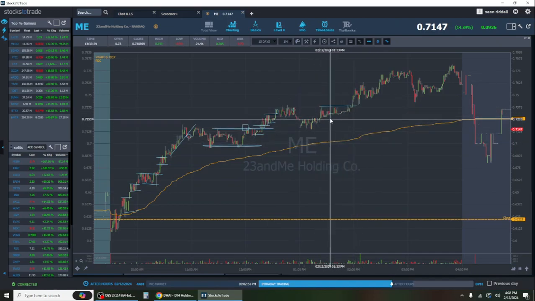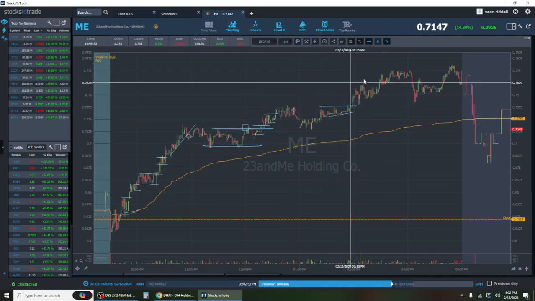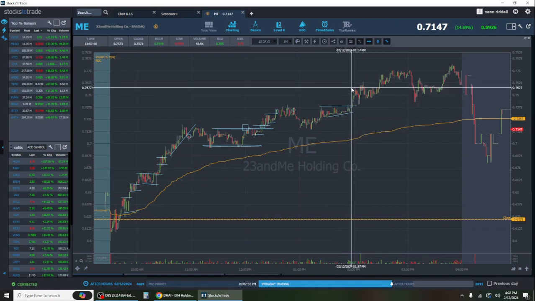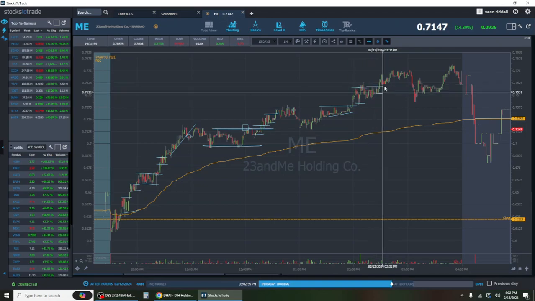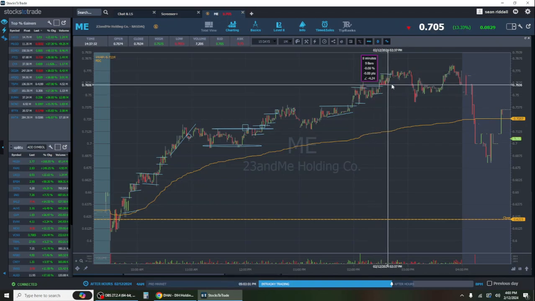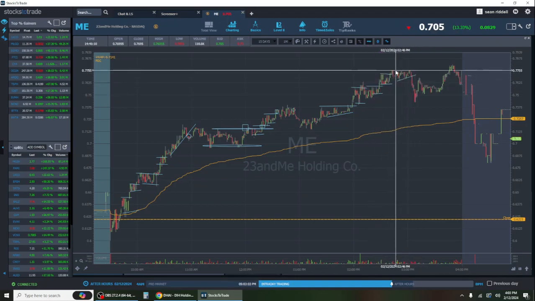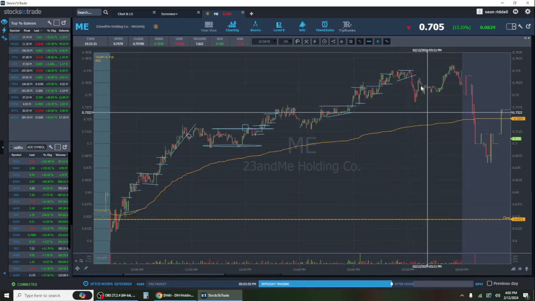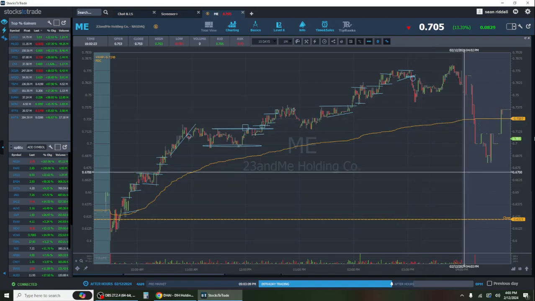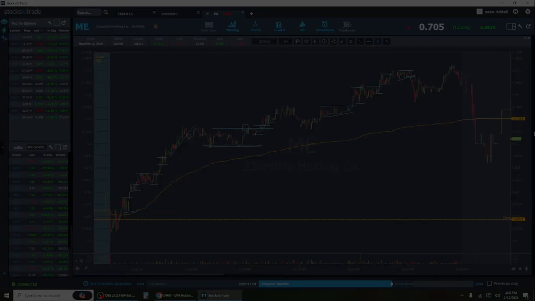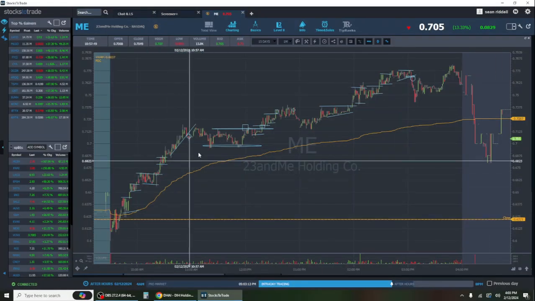So we're seeing some of these kind of sneaky ones set up. But again, these penny stocks, stair stepping.